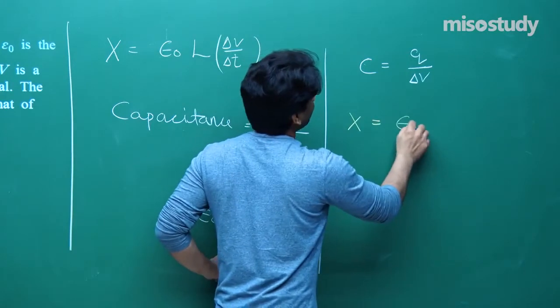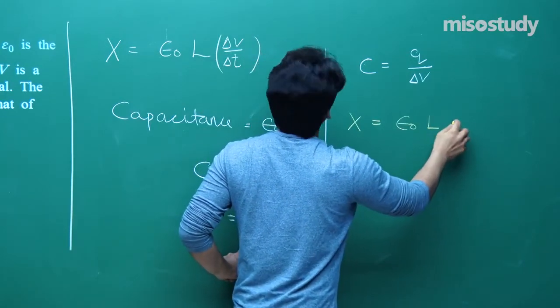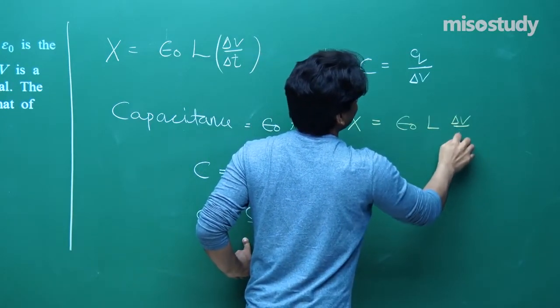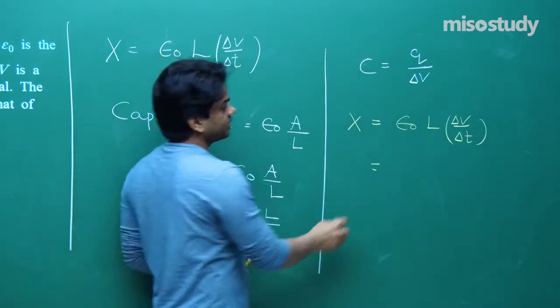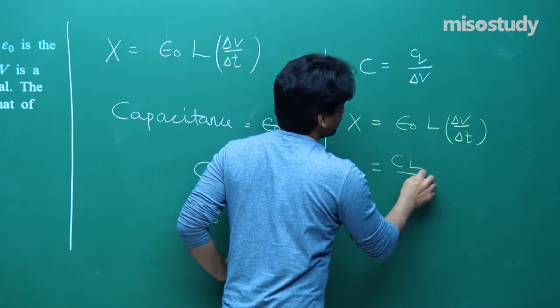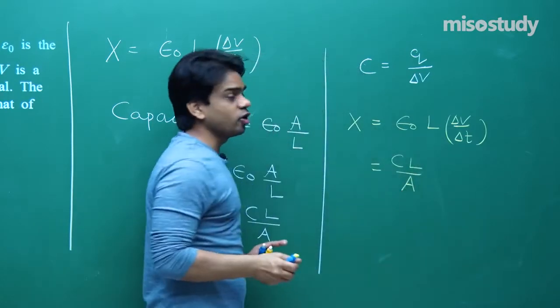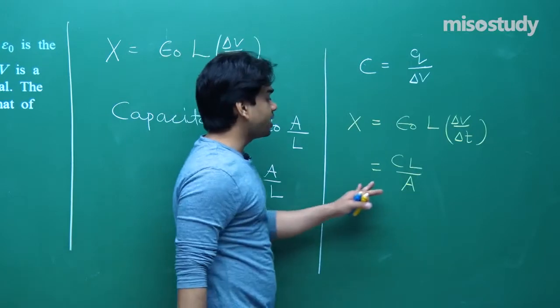Before that, X equal to epsilon naught L delta V by delta T, and here for epsilon naught, if you see, CL by A, C stands for capacitance and A stands for area here. Do not confuse it with current, because I am not writing the dimensional formula.